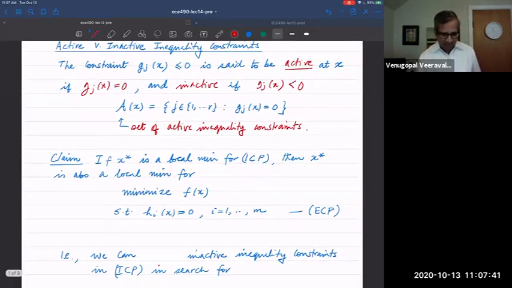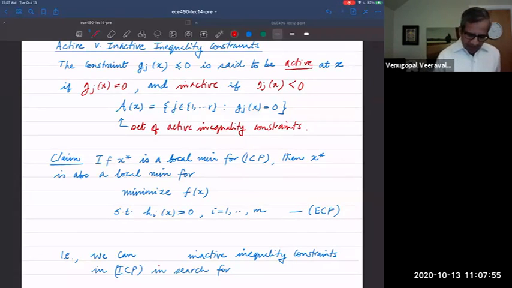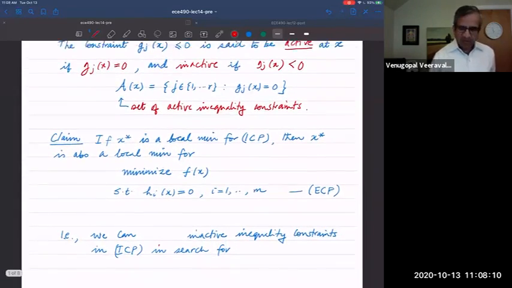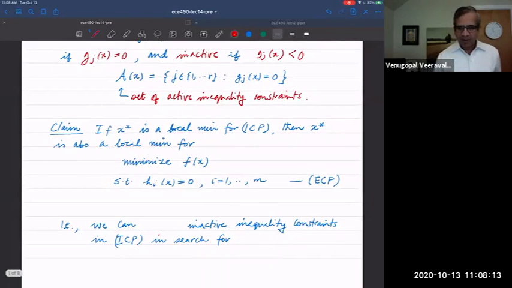So the claim that I'm making right now is more in terms of intuition rather than proof. We're going to claim that if x star is a local minimum for this original problem, the ICP problem, then it's also a local minimum for an equality constraint problem where you throw away all the inactive inequality constraints and only keep the active ones.